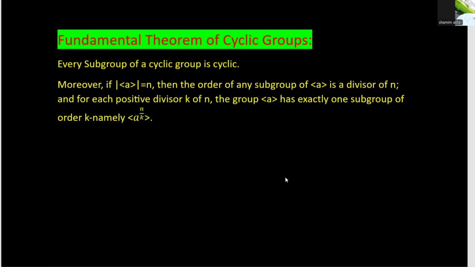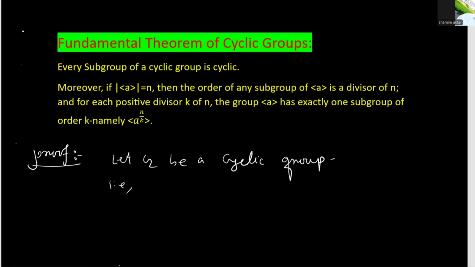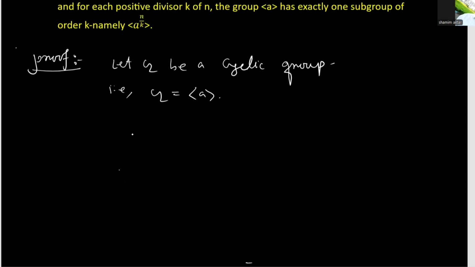Now the proof. First of all, let G be a cyclic group, so that G equals the generator of A. Also given H is any subgroup of G. Suppose H is any subgroup of G; we show that H is a cyclic subgroup.